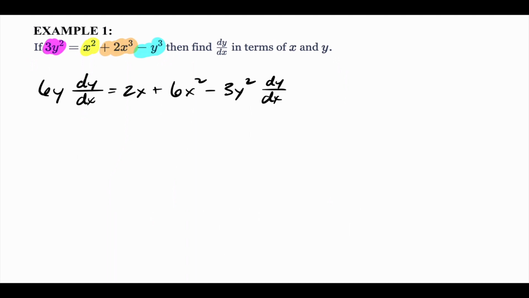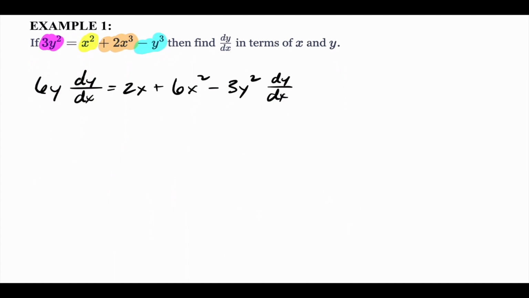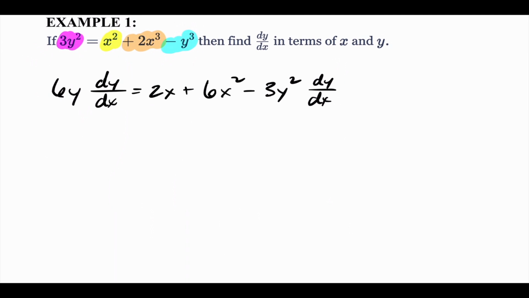Step 2, get dy dx by itself. Okay. So let me use a different color that I haven't used. These two guys have a dy dx, right? So anything with a dy dx, I want to get them on the same side of the equal sign. One is on the left side of the equal sign, one is on the right. So I want to get them on the same side. So what I'm going to do is add 3y squared dy dx to both sides.